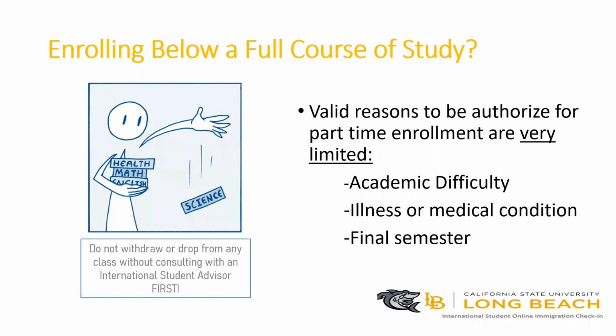Note that the reasons listed below are not guaranteed approval of part-time enrollment, but can rather be discussed as a potential reason. Academic difficulty, experiencing illness or a medical condition, or you are about to complete your final semester. Do not withdraw or drop from any of your classes without consulting with an international student advisor first.